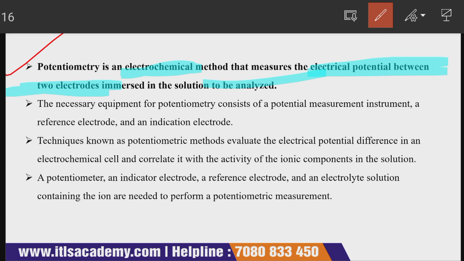Now the second point says the necessary equipment for potentiometry consists of a potential measurement instrument. Since the name suggests potentiometry, to carry out this method you need a potential measurement instrument. This is an instrument which has a reference electrode and an indicator electrode. This is very important, because from an examination or interview point of view, the question may arise: what do you understand by a potential measurement instrument?